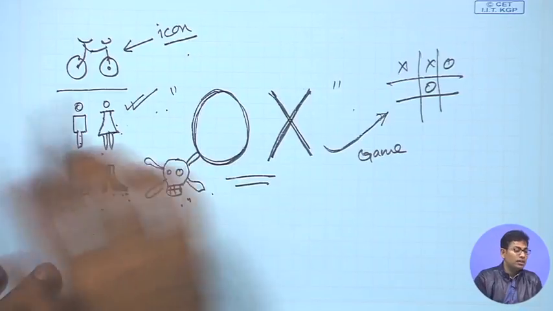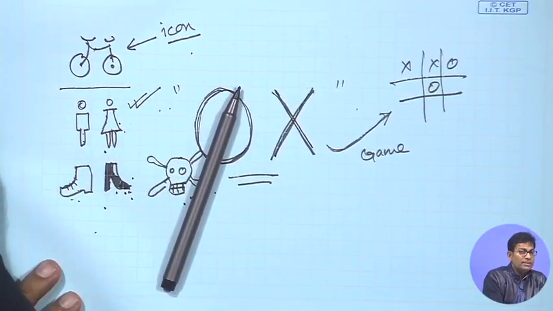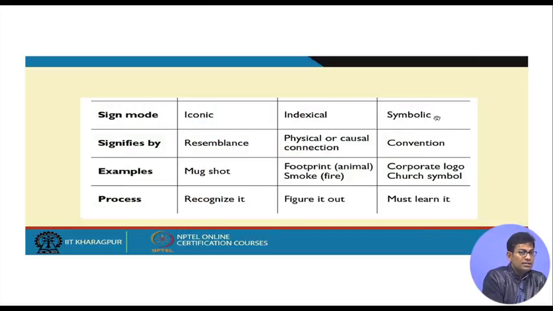Let us now come to the last one, which is the symbolic sign. The symbolic sign is purely based on convention. There is no resemblance, there is no causal connection, there is only convention, and one must learn it. Any kind of logo that you see is a symbolic sign; it is by convention and must be learned.